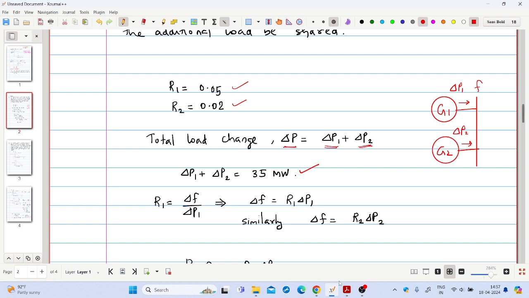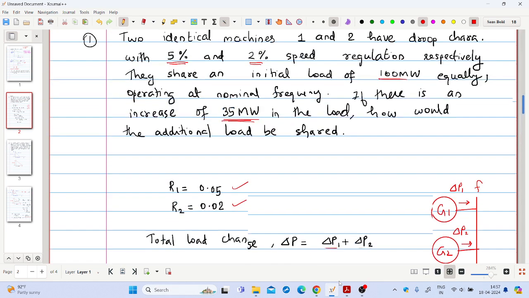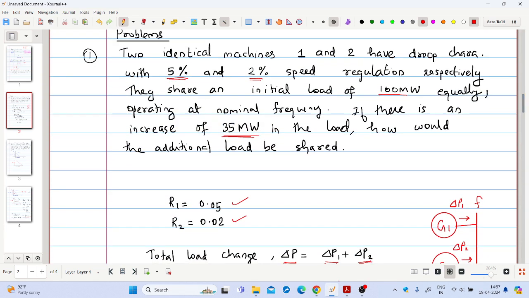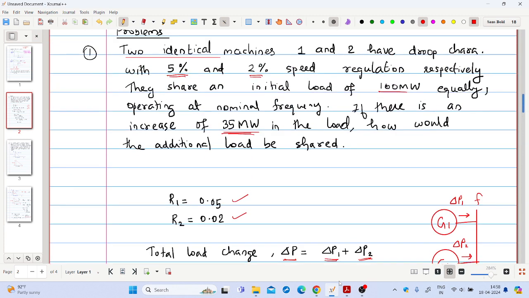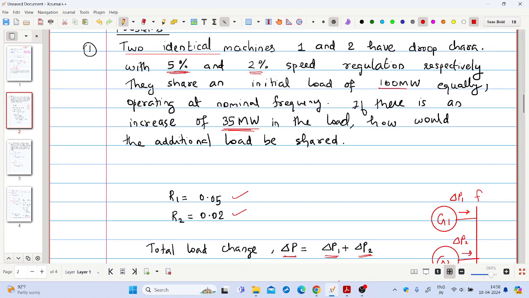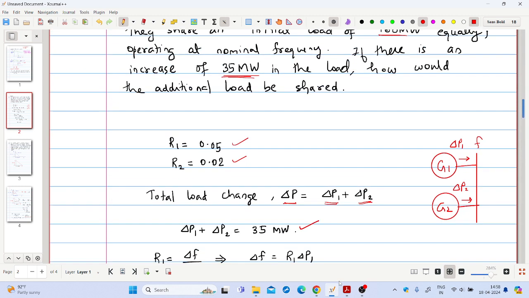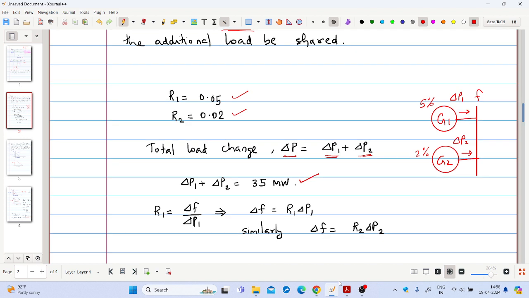Here the ratings are identical, two identical machines, and their speed drop characteristics are different. If they were both 5%, then they could have shared the load equally, but one is having 5% speed regulation, the other governor has 2% regulation, so the load sharing will not be equal.